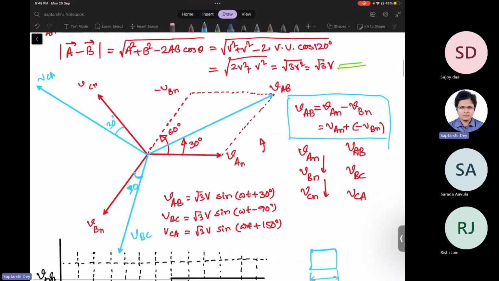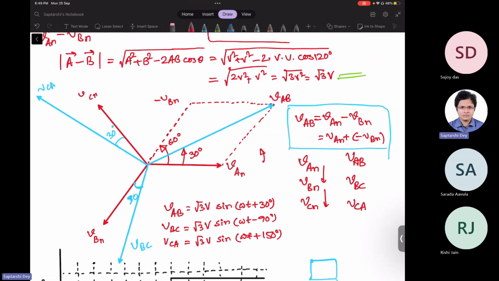Oh, here one more important thing. So suppose we say that there is a three-phase system which is rated as 400 volt, 50 hertz.